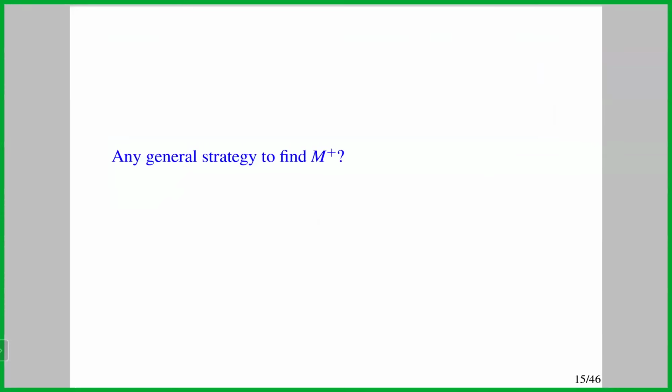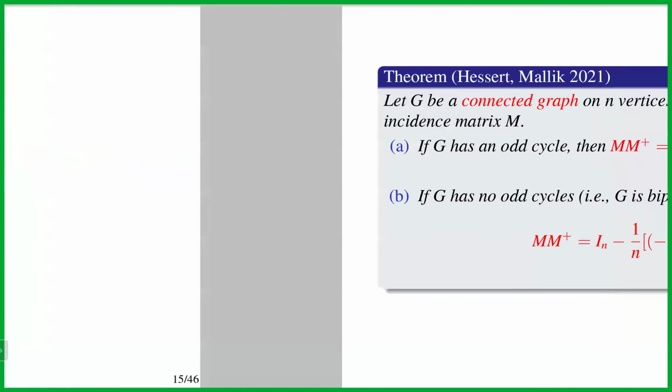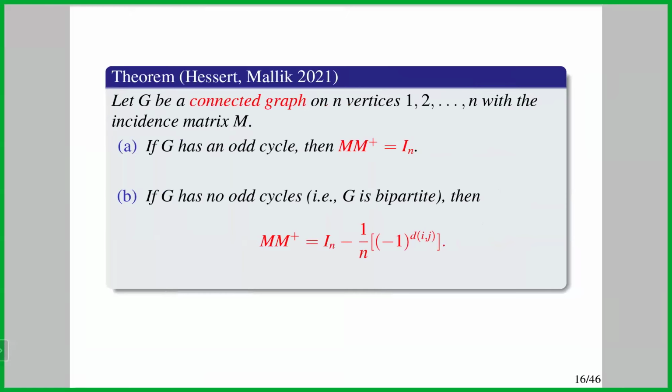All right, so is there any general strategy to find M plus, the Moore-Penrose inverse of the incidence matrix? Luckily, we have a theorem that's a little bit helpful. If you have a connected graph G and incidence matrix M, there are 2 cases.